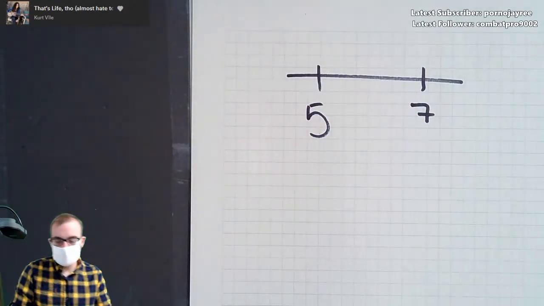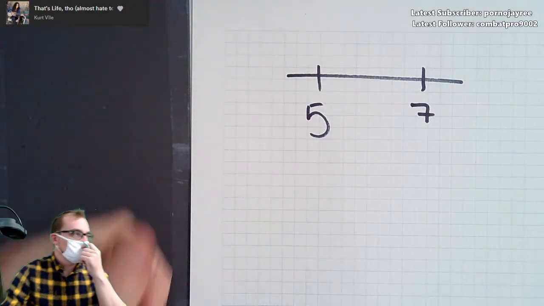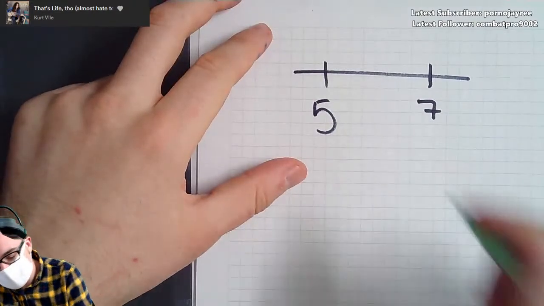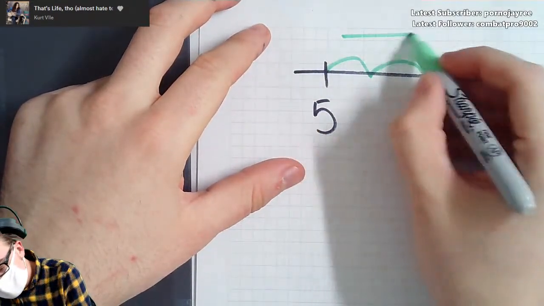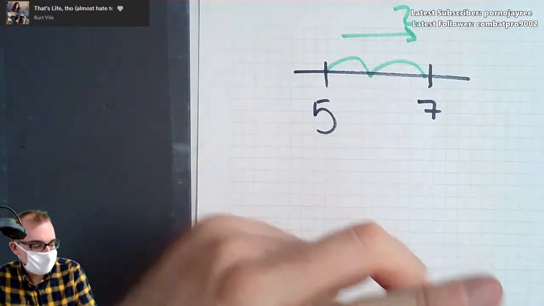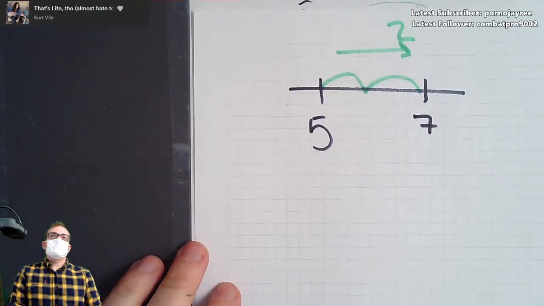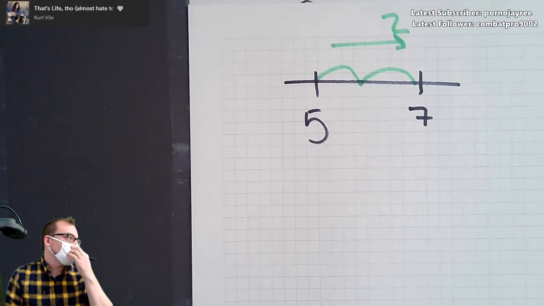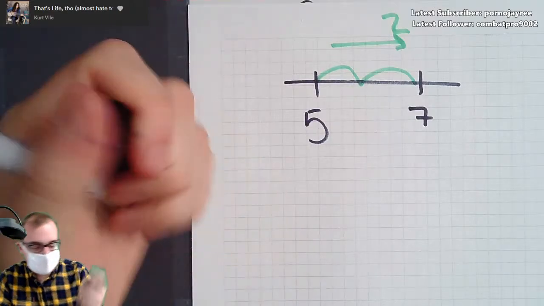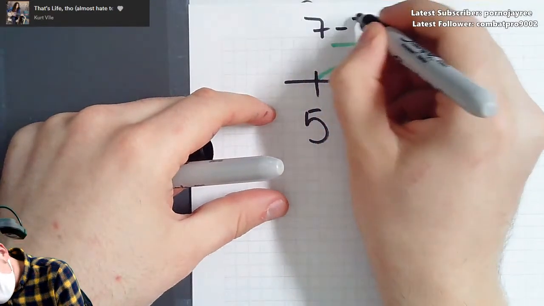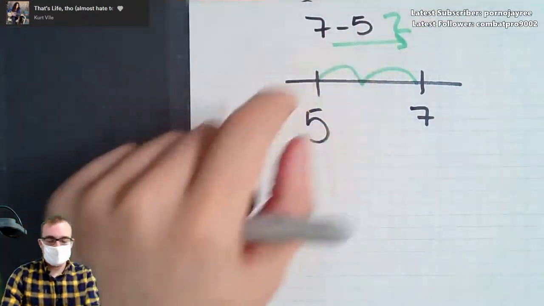How far are 7 and 5 apart? 2. Now, 7 and 5 aren't too bad. But if I give you bigger numbers, what would you have to do to figure out how far apart they are? Subtract them, right?